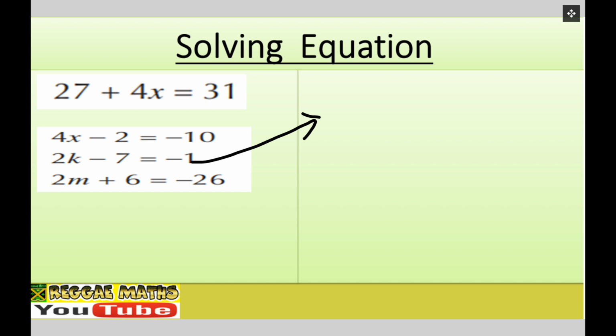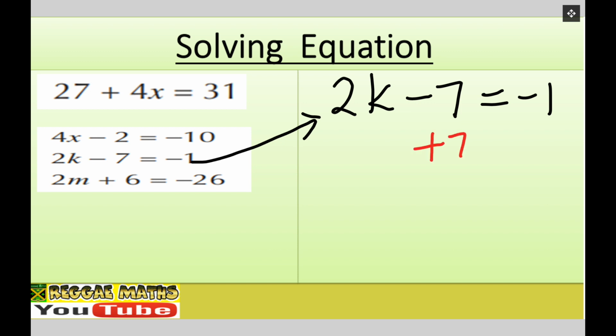Slow the video down if I'm going a bit too fast. So you have 2k minus 7 equals minus 1. The first thing I'm going to do is get rid of the minus 7. So we add 7 to both sides.